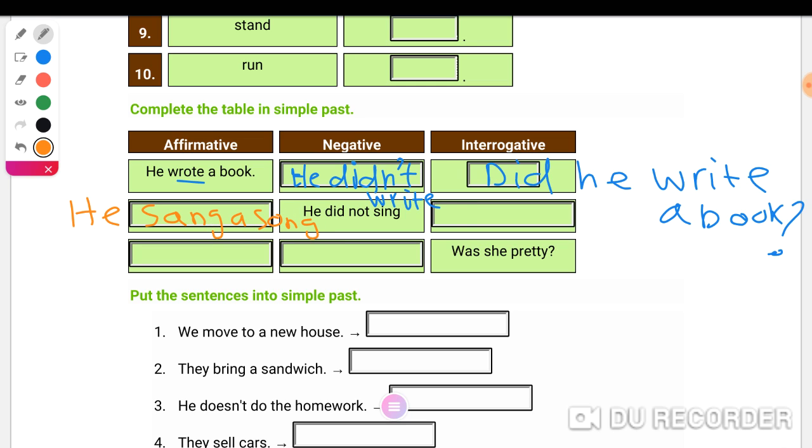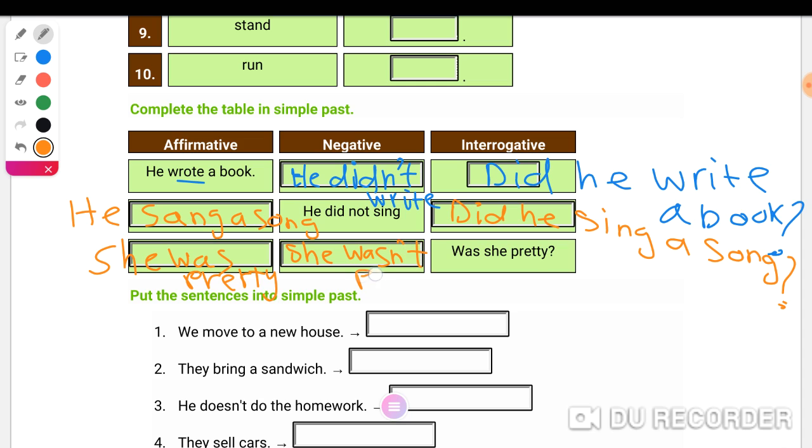The question form, did he sing a song? Here, she was pretty. She wasn't pretty, the negative form. She wasn't pretty.